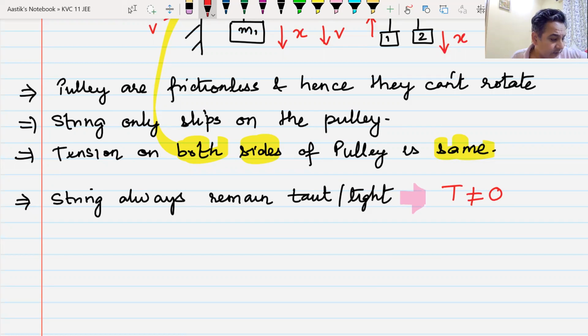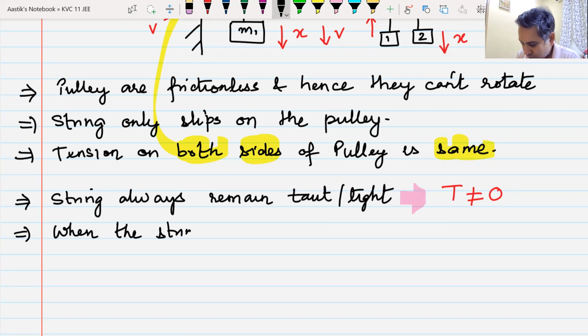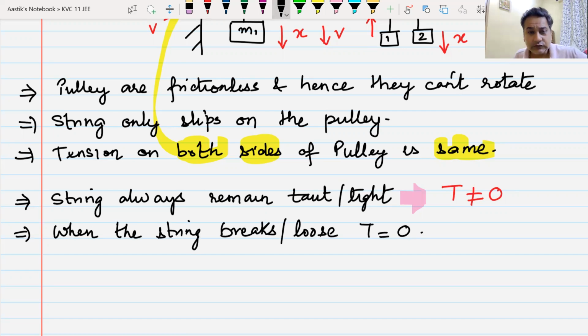Then we cannot say that this block will go down so this block will go up, because the string is not tight. When the string breaks or becomes loose, tension becomes zero, and the blocks are no longer attached to each other and they can move in whatever way they want to move.